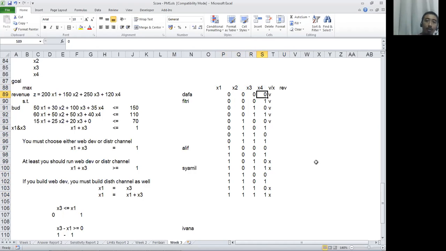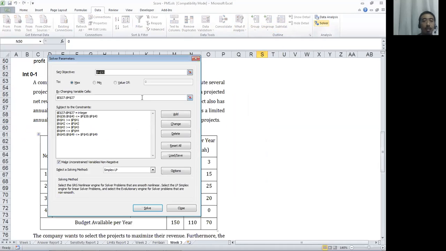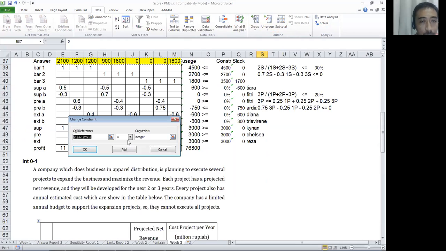And if you want to apply the solver, what you need to do is put another constraint, just like this one, integer. But this time not the integer that we choose, but we need to choose bin, binary.